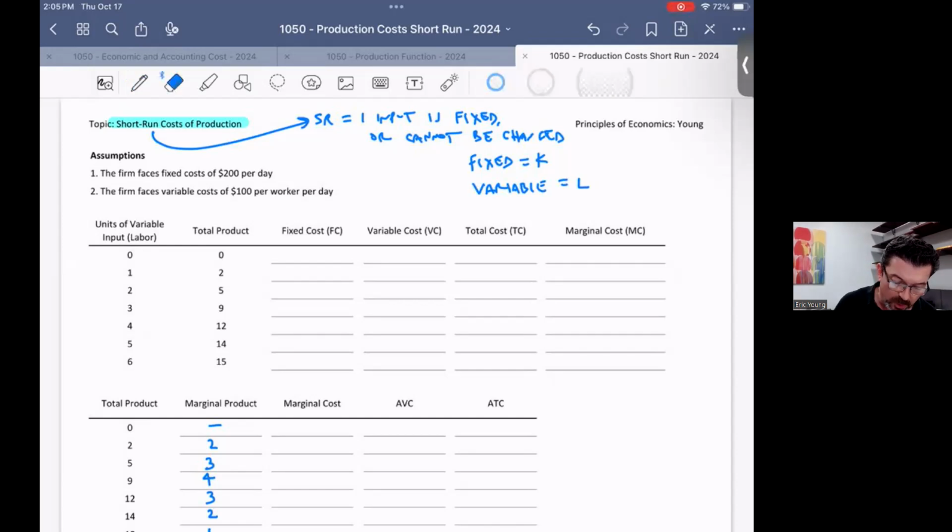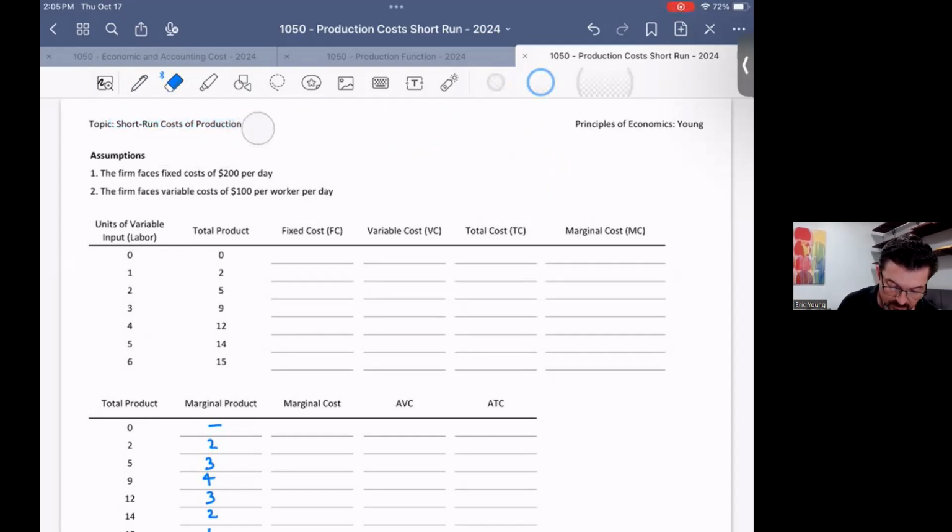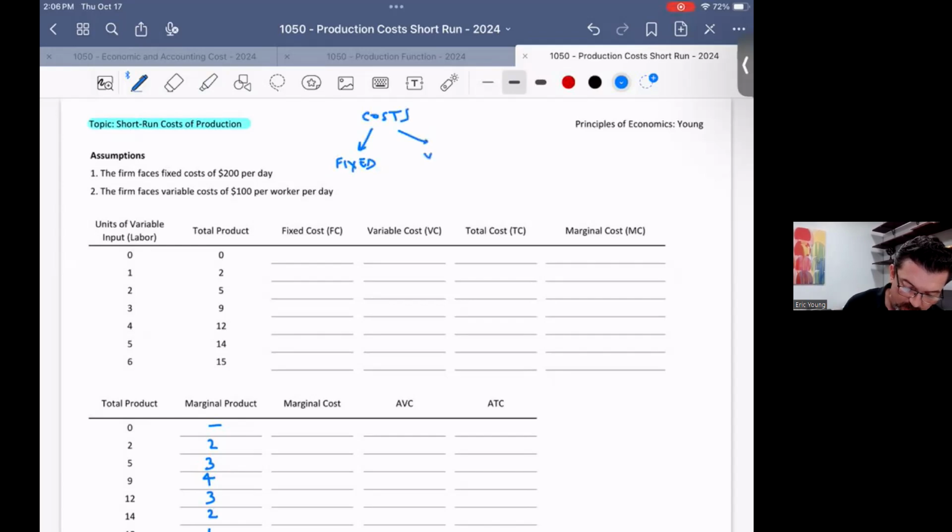And that's really important to know, because in economics, in cost theory, we're going to have fixed costs and variable costs. So in economics, we kind of break up cost as being fixed or variable.